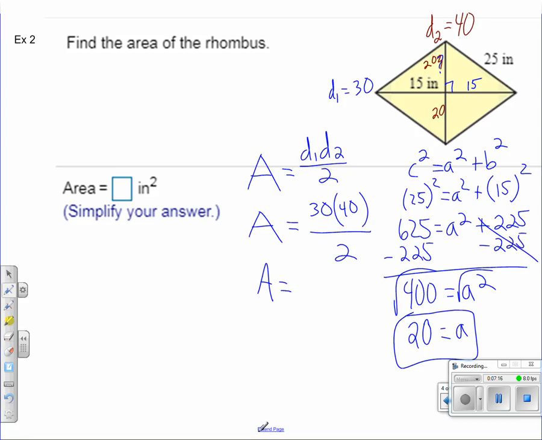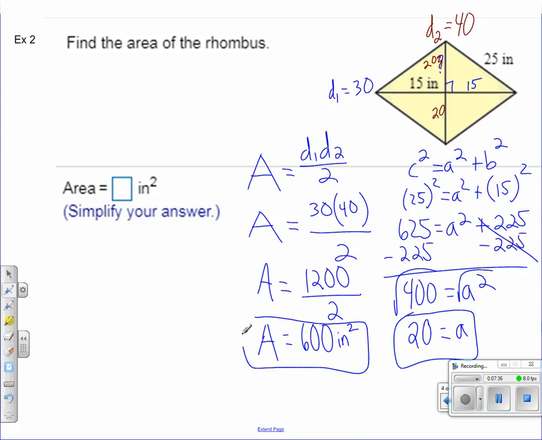Okay, 30 times 40, that's going to be what, 1200? Divide that by 2. How much? Our area is 600. And specifically, since we were given units, I'm going to put the units. Square inches would be our final answer.